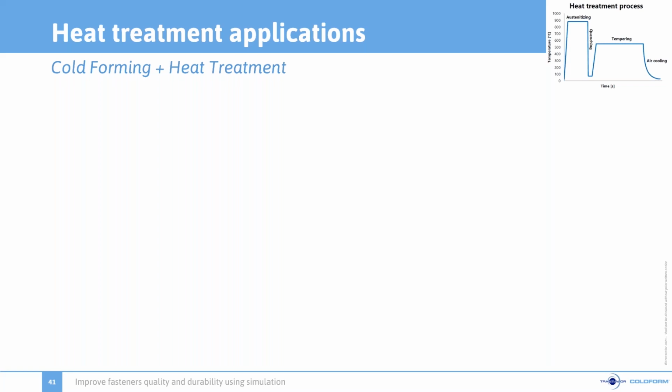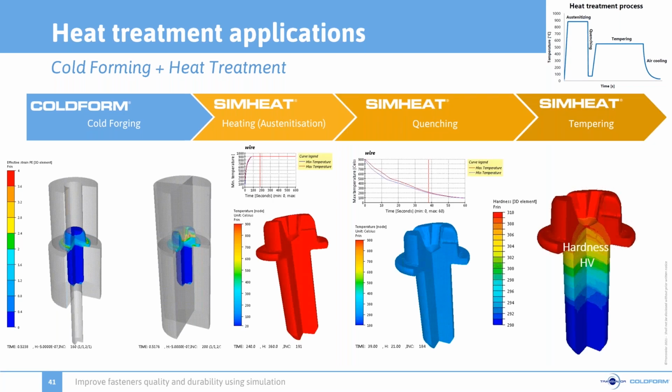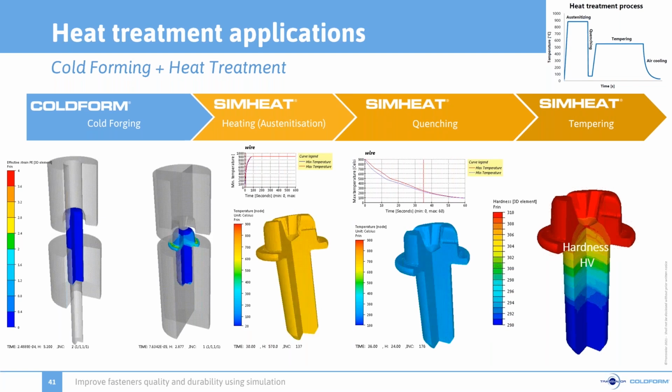Here we see the forming simulation made in COLDFORM, and the heating operation made in SimHeat to determine the influence of the heat treatment operation on the final mechanical properties. For example, it is possible to determine the hardness, as we see here, after a tempering, or to determine the phase change needed after a quenching.